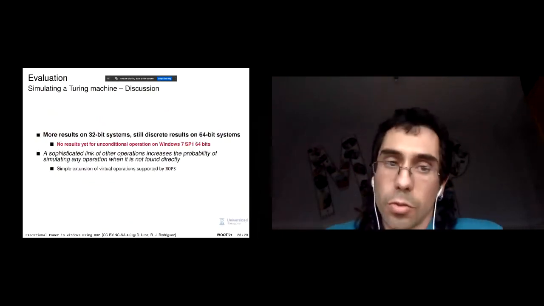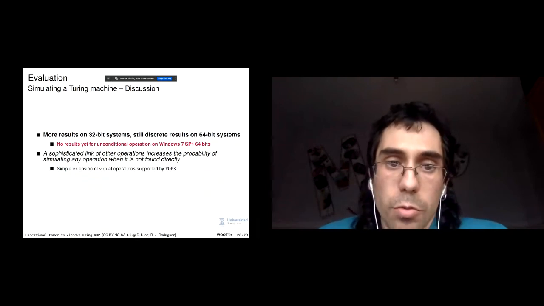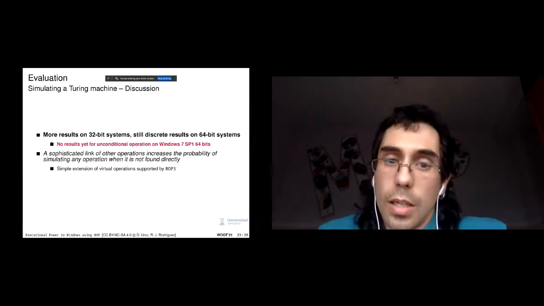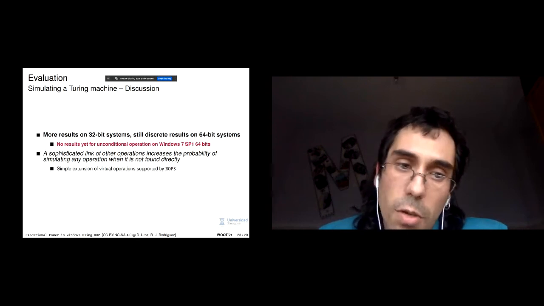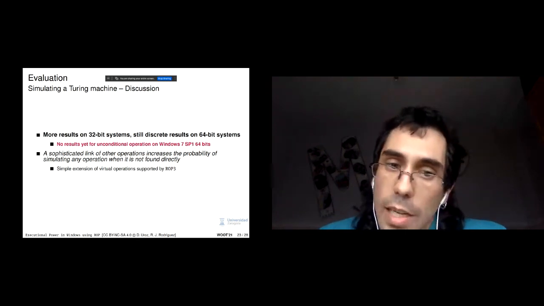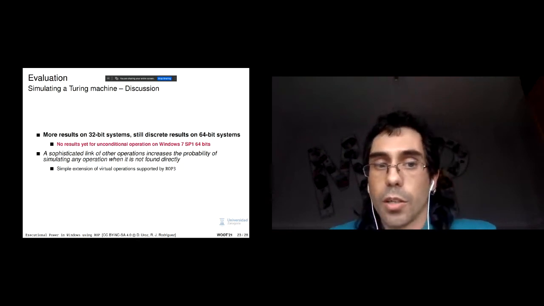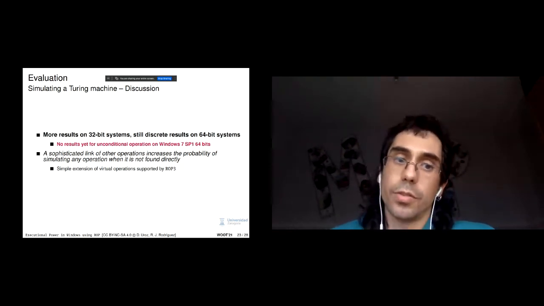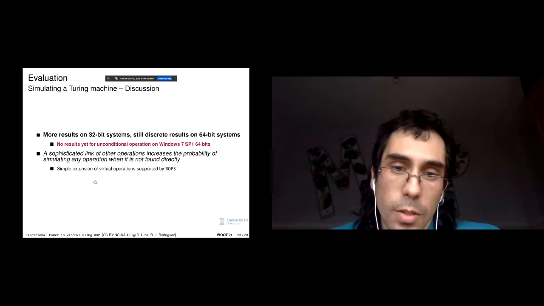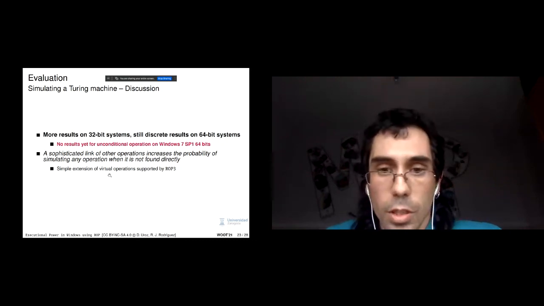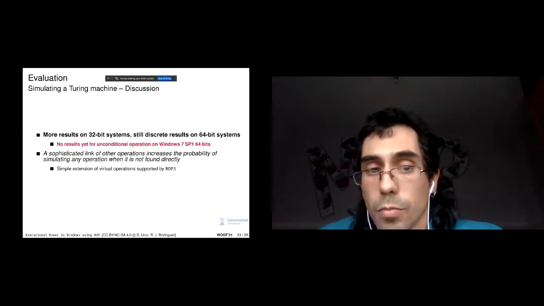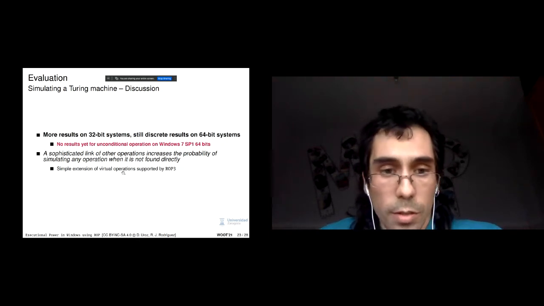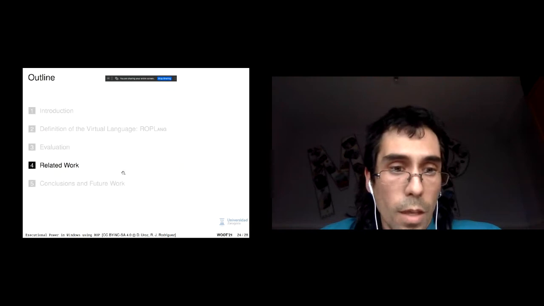In addition, we have more results on 32-bit systems. This also demonstrates that if the adversary tries to make a sophisticated linking of other operations, it will increase the probability of simulating any kind of operation when it's not found directly. And this kind of extension is very simple using our tool ROP3.